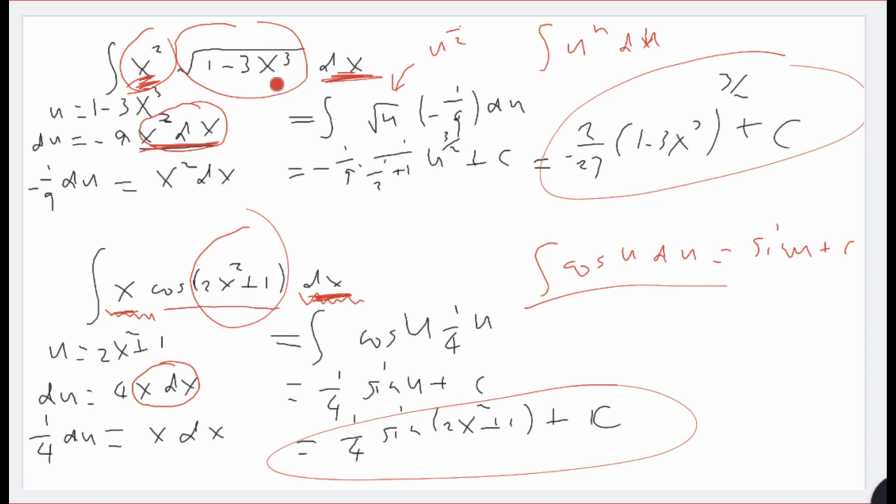Now, I call this a supporting factor. So if you're going to try u equals 1 minus 3x to the third power as your substitution, you can have this x squared ready, as you saw here. But this x squared had better be what you actually have; it cannot be any different.